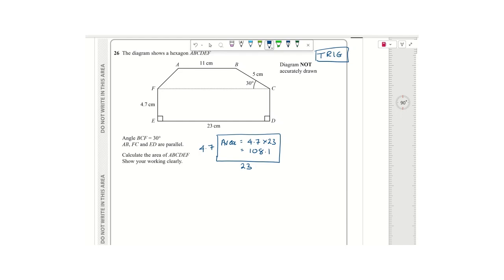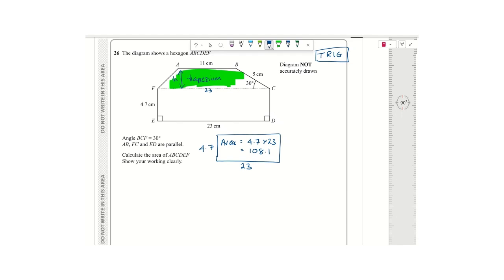Now, in order to find the area of this bit at the top, this is a trapezium. And it's a trapezium with an 11 at the top and a 23 at the bottom. We know that. But I need to know its height from the formula of my trapezium.